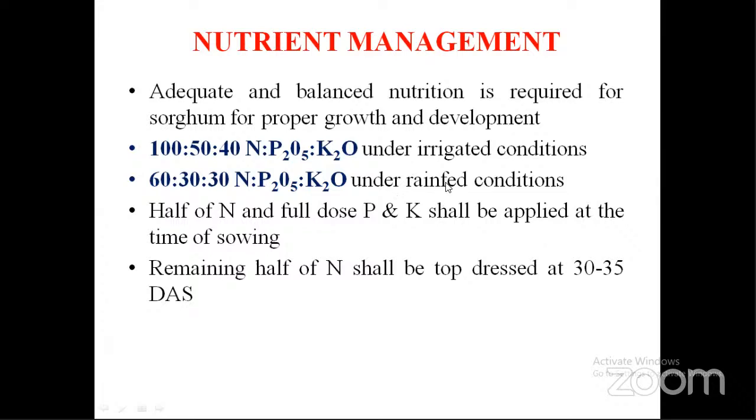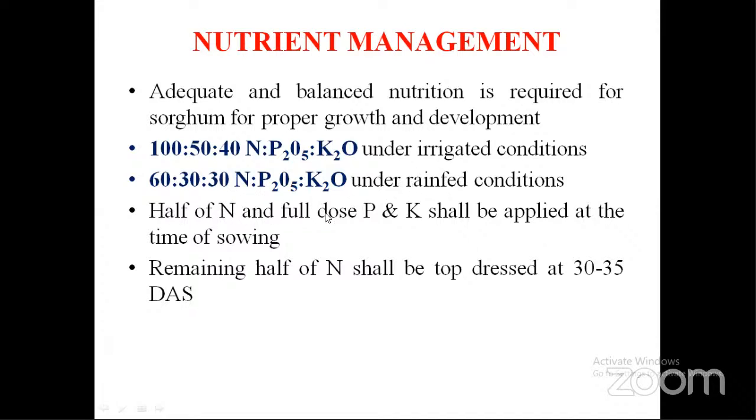But in rain-fed conditions, soil moisture is less, so nutrient uptake is less, that's why a lower dose is recommended. Even if you apply more fertilizer in rain-fed conditions, the plant won't be in a condition to take those nutrients, and they will be lost.